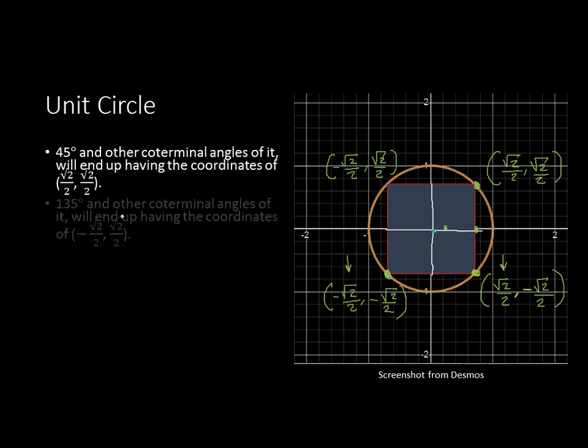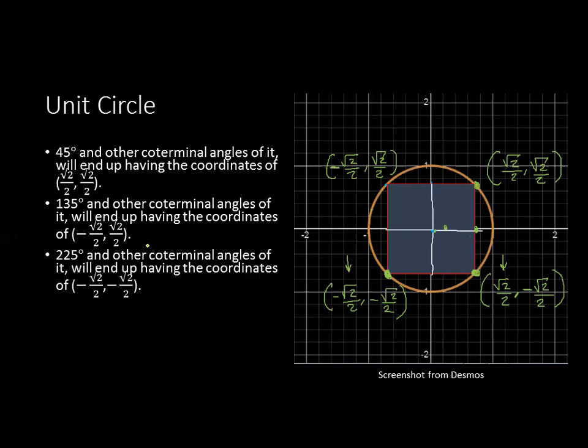Next, 135 degrees and other coterminal angles of it, you will end up having the coordinates of negative square root of 2 all over 2 and square root of 2 all over 2.